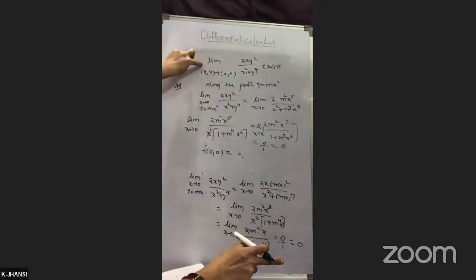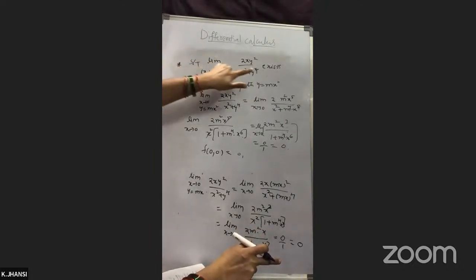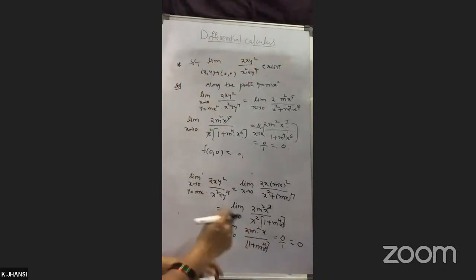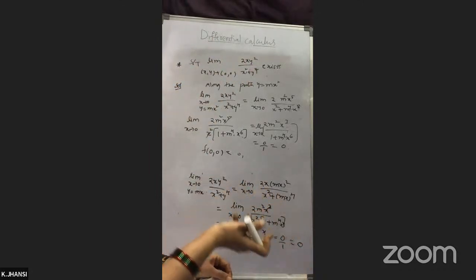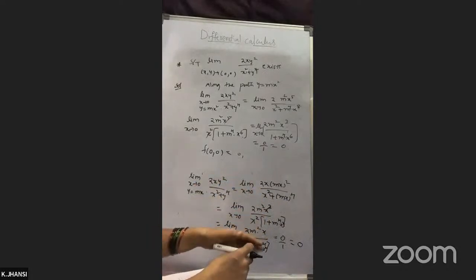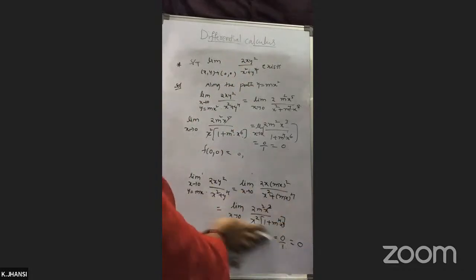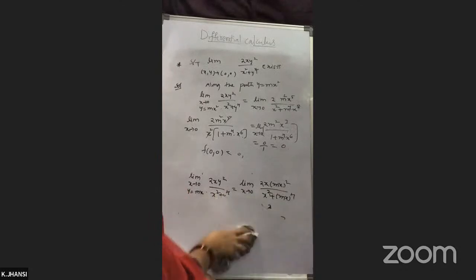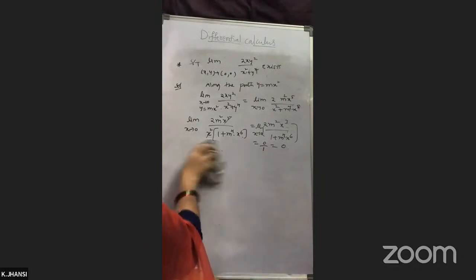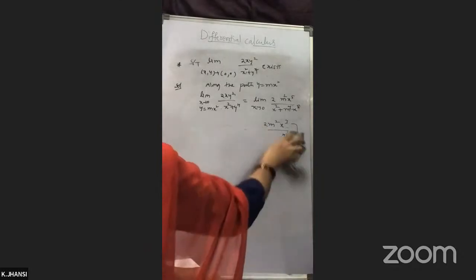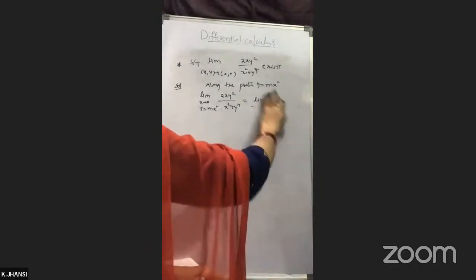The limit exists, but it is not continuous. In any problem, if the two values are the same, then that function is continuous. This is the simple concept. It is only a 5 marks question, and in rare cases they will ask it, but you have this concept for your practical examination.